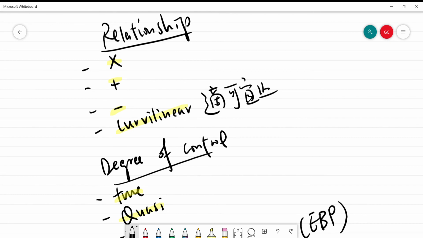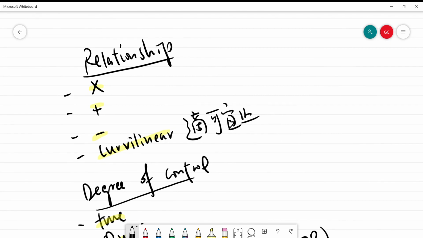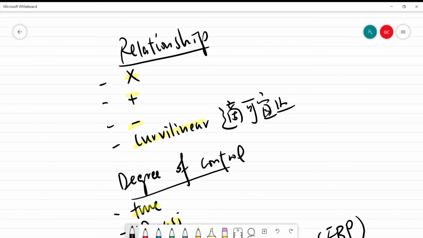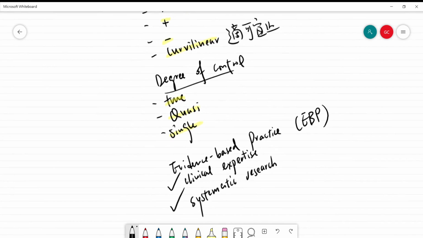And the last one is the curvilinear, which I wrote in Chinese, is that the change due to one factor will stay constant after a certain period, will not forever increase or forever decrease.